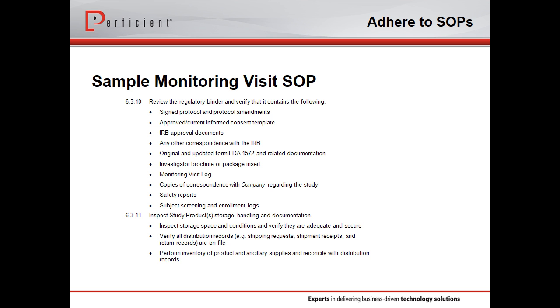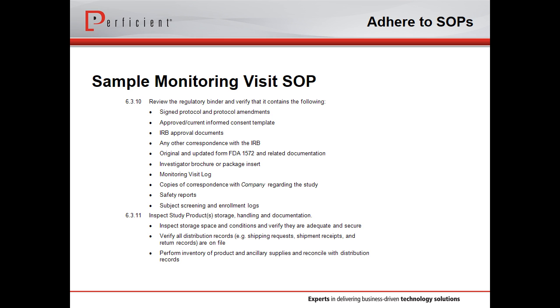To demonstrate how a trip report template can be set up to mirror an SOP, here is a portion of a sample monitoring visit SOP. This portion shows two sections, one about regulatory binders and one about a study product. Let's see what these line items look like in a trip report template.